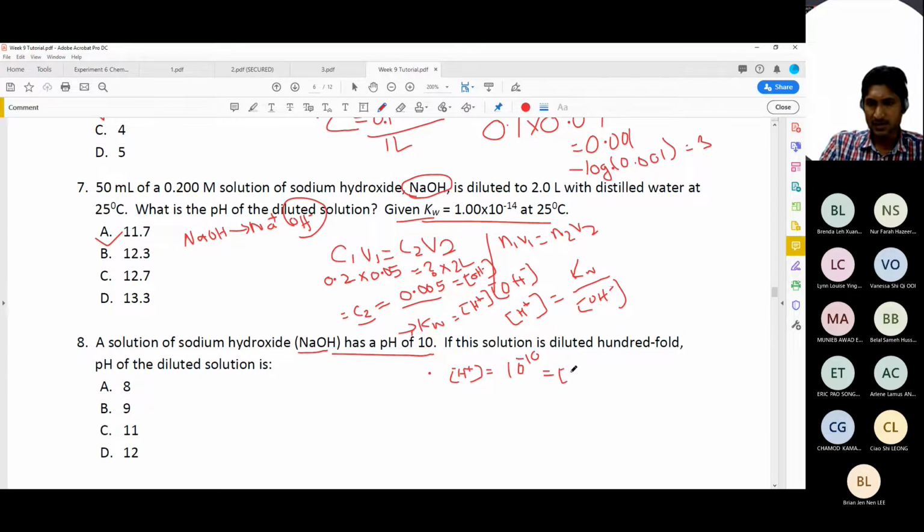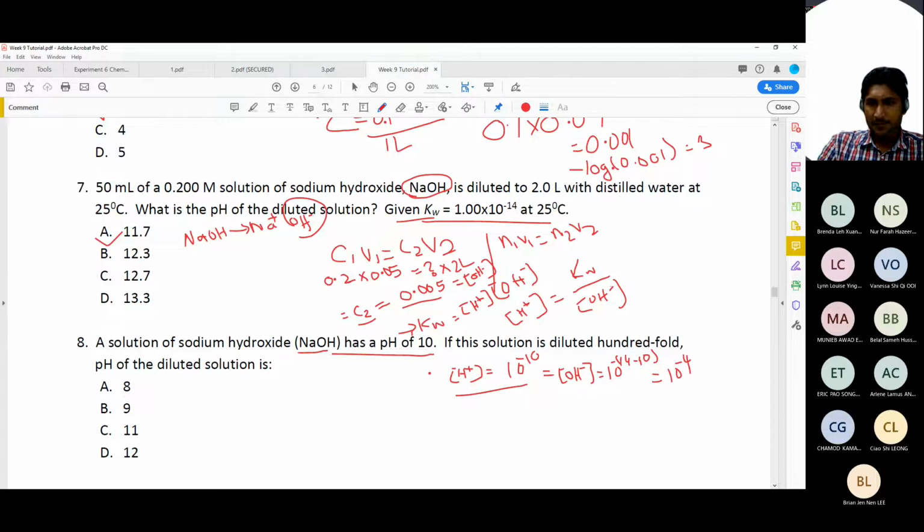In the same way, it will be 10 power 14 minus 10, sorry, there is a mistake here, which is 10 power negative 4. That is the hydroxyl ion concentration.